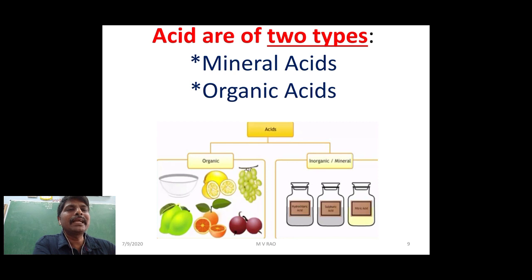What are the mineral acids? These are the derivatives of minerals. Minerals are obtained by mining. So these are completely from chemicals, and these are completely from organisms. Organic acids are from organisms. Mineral acids are from minerals, and are inorganic acids.